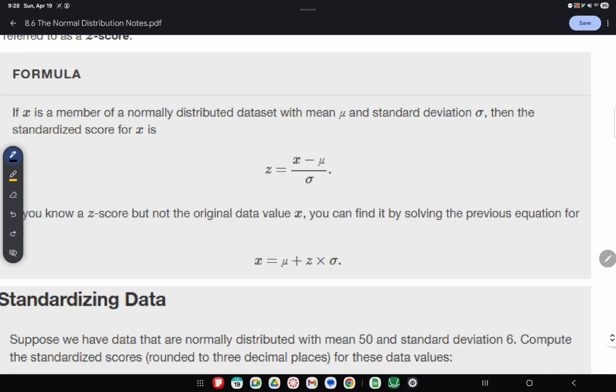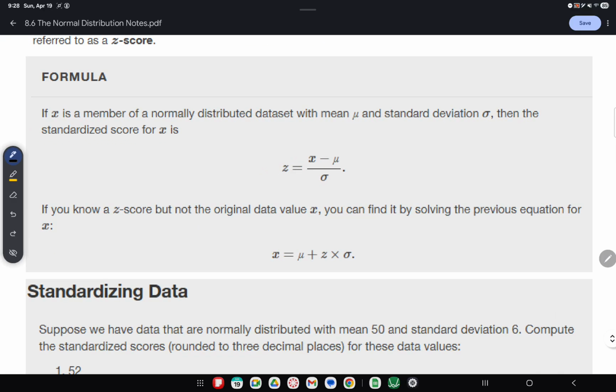To standardize a score, we take the data value, subtract the mean, and then divide by the standard deviation. That gives us the z-score for that one specific data value.